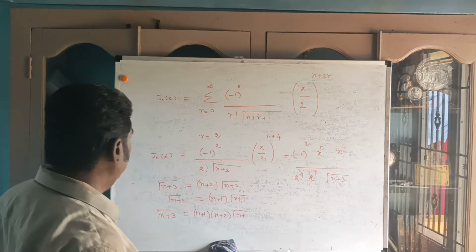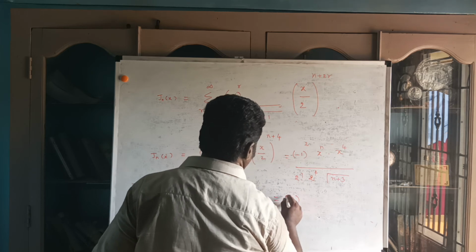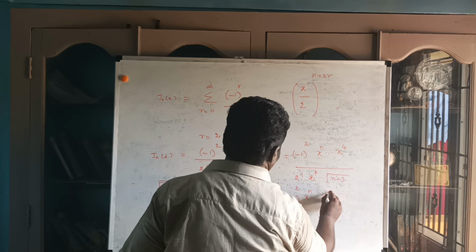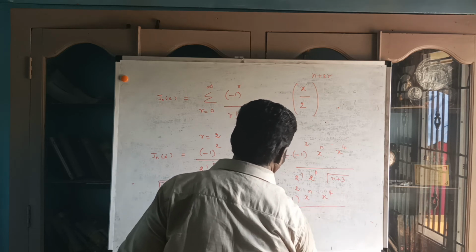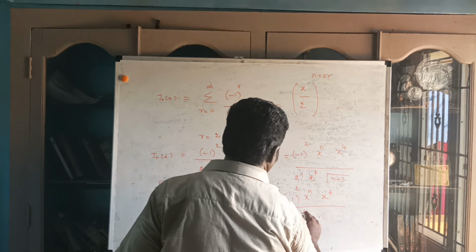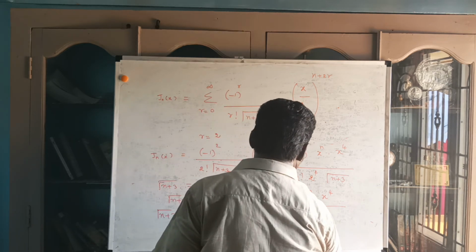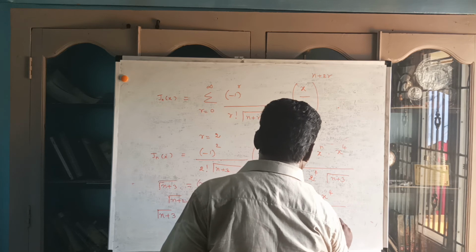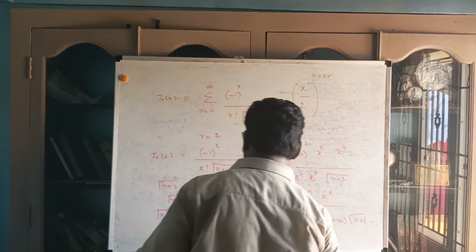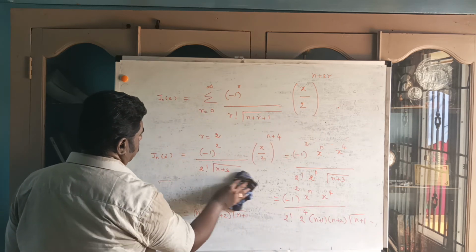Now we have to substitute these values in this equation. There is minus 1 power 2 x power n x power 4 divided by 2 factorial, then 2 power 4, n plus 1 into n plus 2, then gamma of n plus 1.